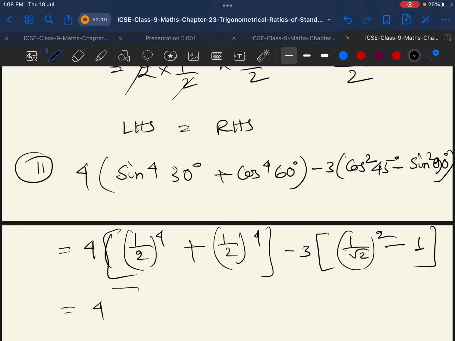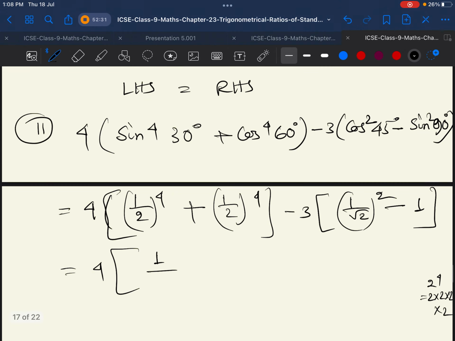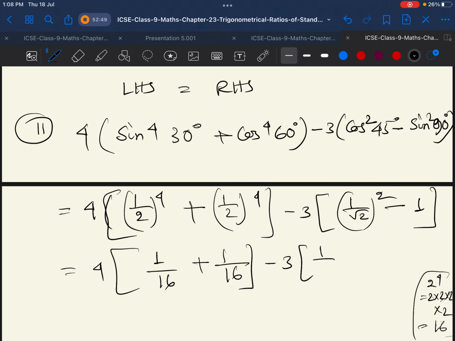This is 1. So 1 to the power 4 is 1, 2 to the power 4 will be 2 into 2 into 2 into 2. So 2 into 2 is 4, 4 into 2 is 8, 8 into 2 is 16. So this is 1 by 16 plus 1 by 16 minus 3 into 1 by root 2 squared, 1 by 2, minus 1.